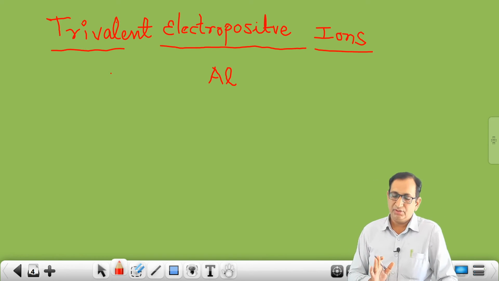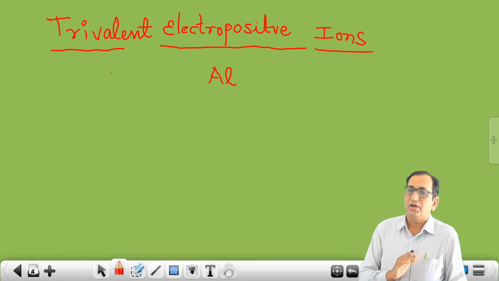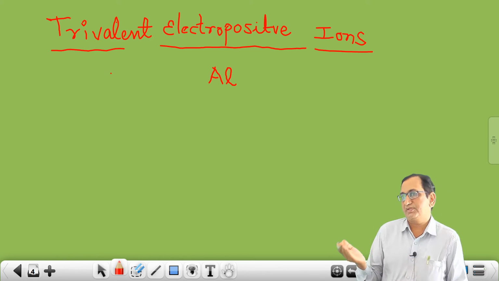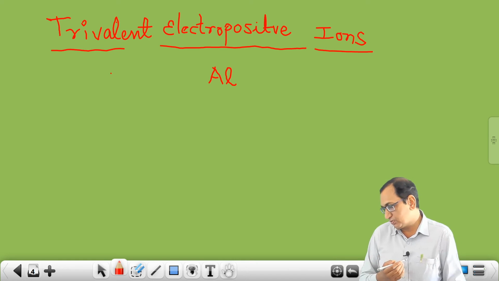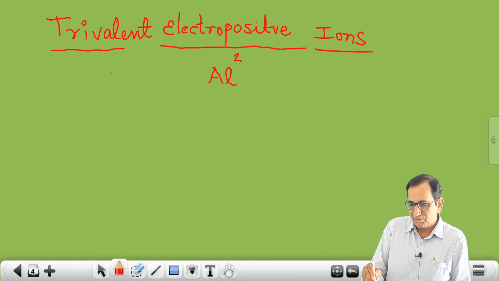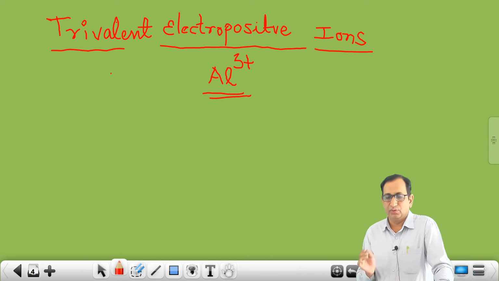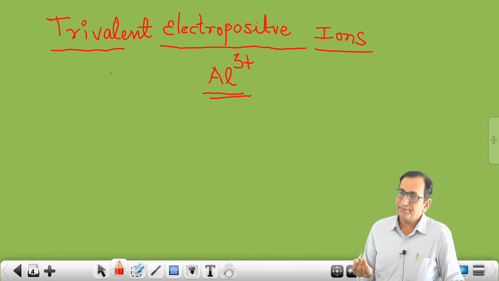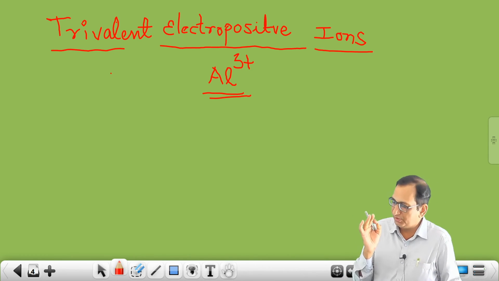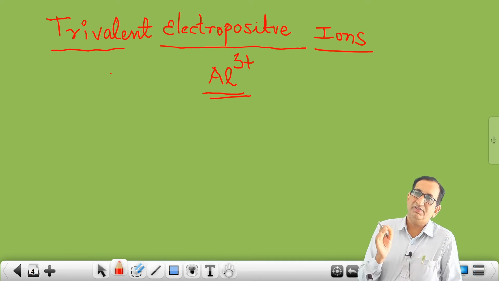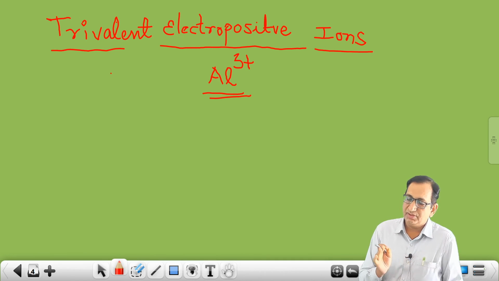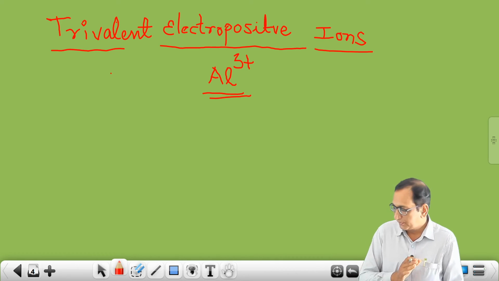So the valency of aluminium will be +3. Aluminium has got 3 plus charge, so here I am writing 3 positive charge. This aluminium is very important. Don't forget it. No variations in the valency. Aluminium has only a single valency, +3, meaning it is a trivalent electropositive ion.